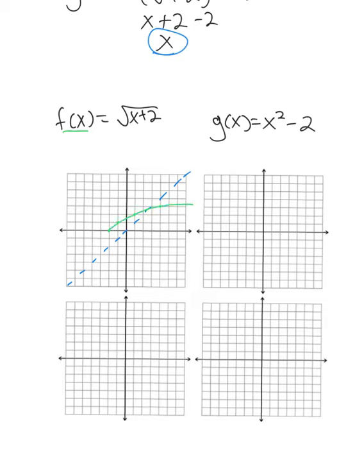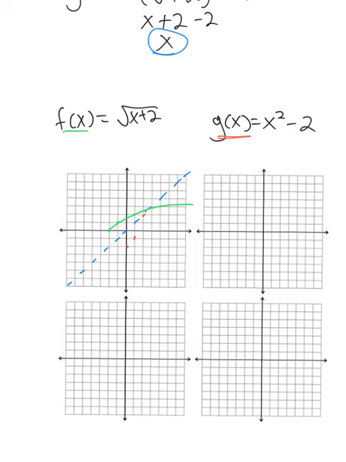And then g of x equals x squared minus 2. I'm going to draw that in red. G of x is a regular parabola, but it starts down here, and it's just a plain old regular parabola like so.